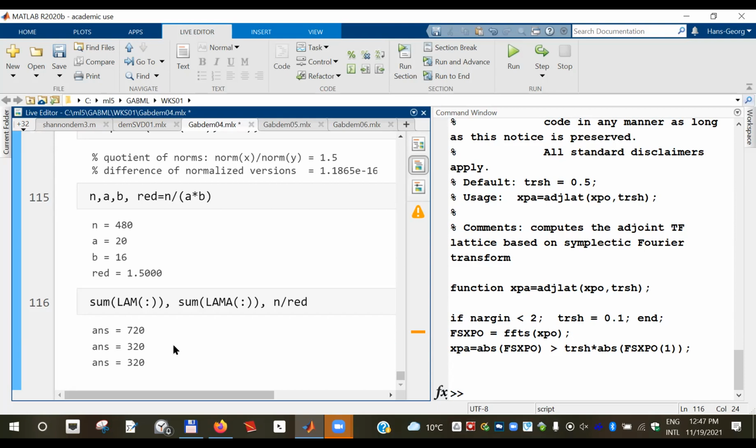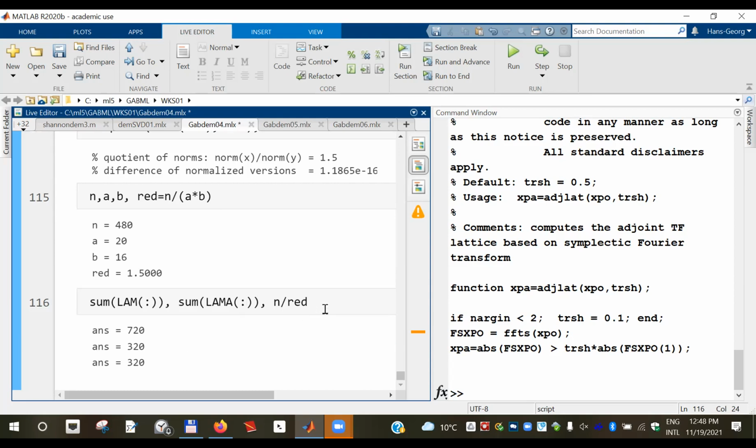Okay, better. So once more, the relationship between the number of lattice points, which is 720, divided by the number of points in the adjoint lattice, which is 320, is of course redundancy divided by 1 over redundancy, which is redundancy squared, which is 9 over 4. And I think I remember that if you take the intersection of these and you take 4 copies, you get the small one, the 320 element, and if you take 9 copies, you get the big one.